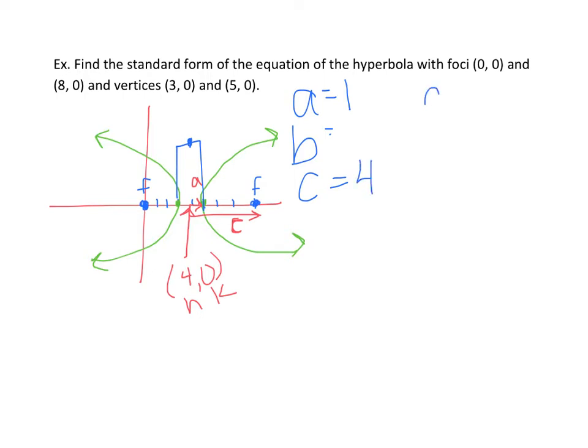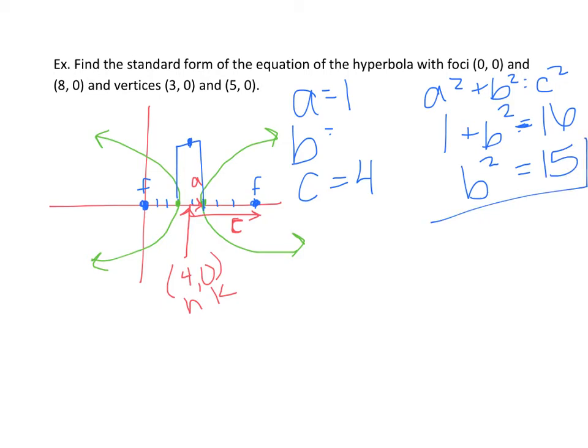So A squared plus B squared equals C squared tells me 1 plus b squared equals 16. B squared equals 15. This is as far as you need to go, because in standard form, I start with x squared, x minus h, so (x minus 4) quantity squared.